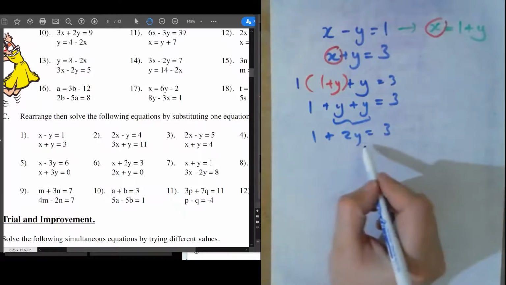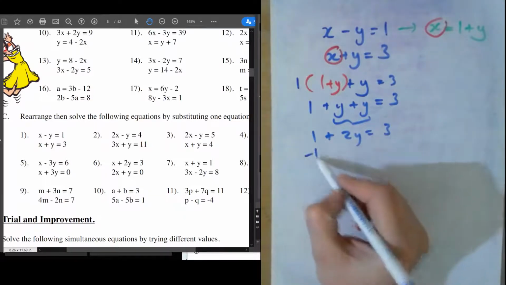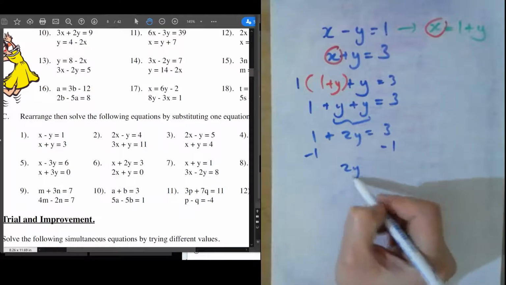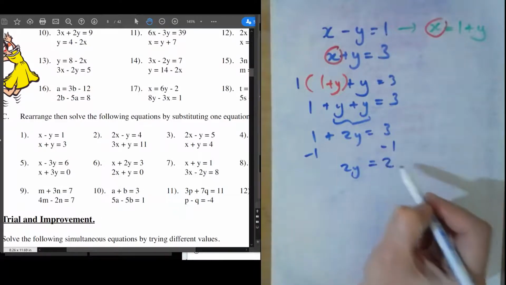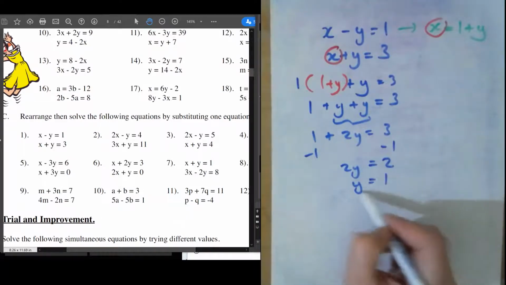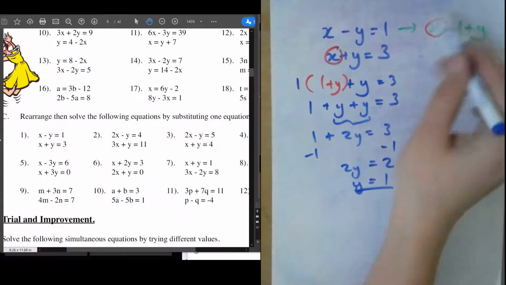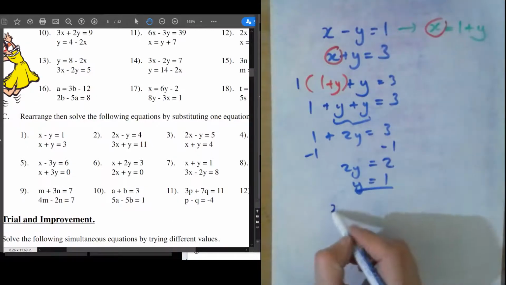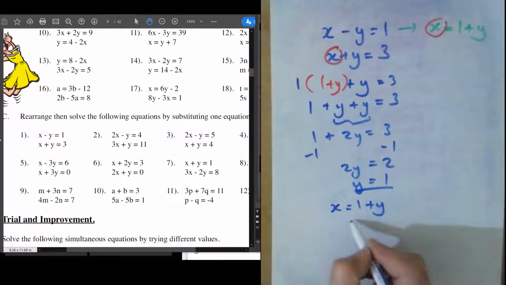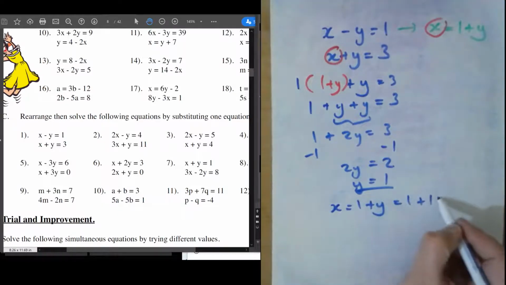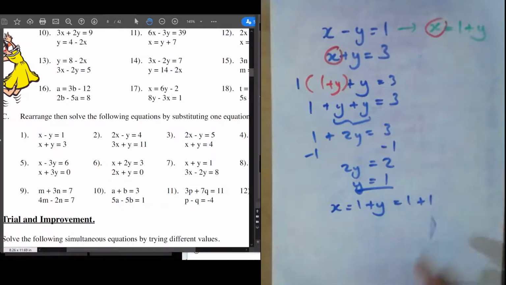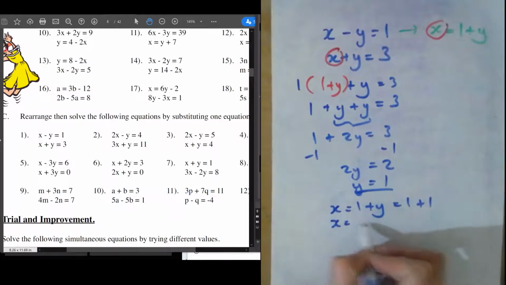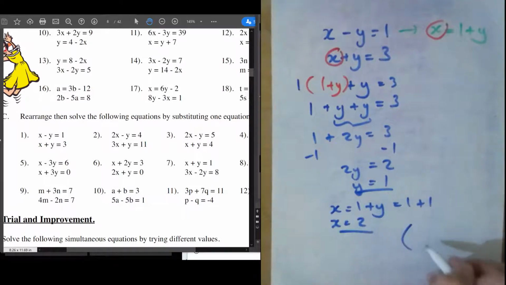I've got the y on this side, I don't need to worry about moving it, so I've got to move the numbers, so it's 2y equals 2, then divide it by 2, so y equals 1. And then I'm just going to substitute back into this, so I've got x equals 1 plus y, which is 1 plus 1, which is 2. Let's put that on the next line so I can underline it. And then obviously I just want to pop it into brackets. So I've got my coordinate answer, which is (2, 1).